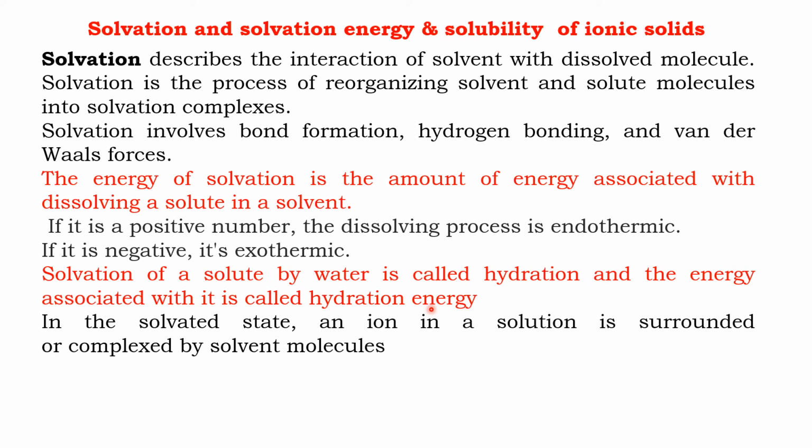During solvation, the solute particles will be surrounded by the solvent molecules, and it is called the solvated state. For example, if I take water and NaCl, we have Na+ and Cl- ions. These ions will come and interact with the H2O molecules. The H2O molecule has partial O- and H+.